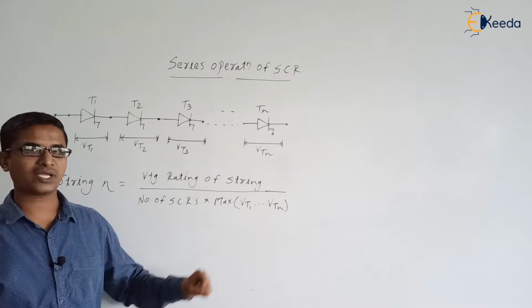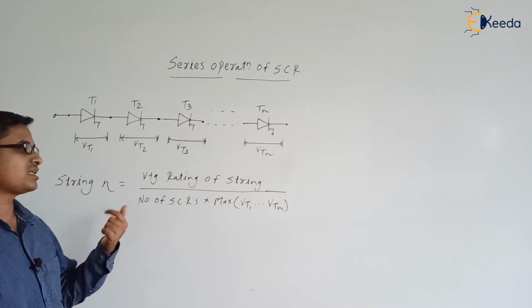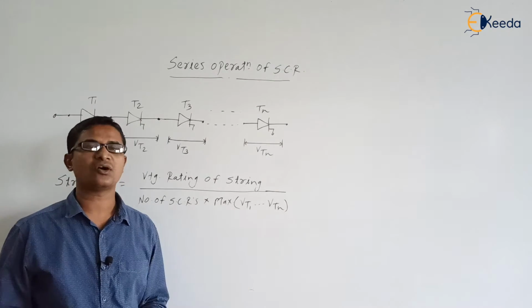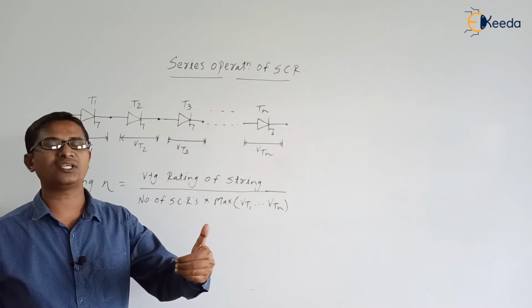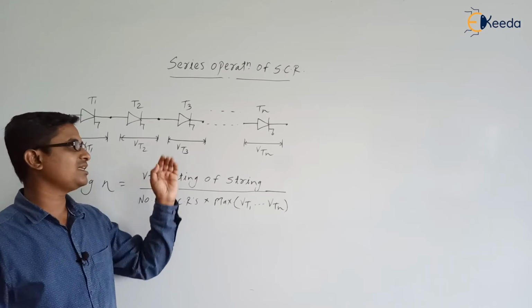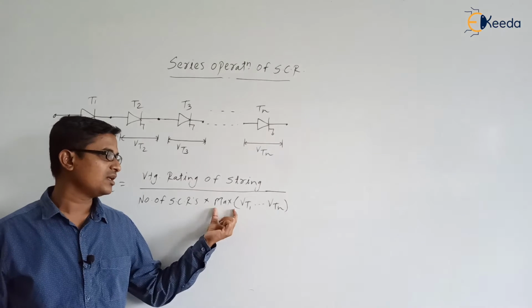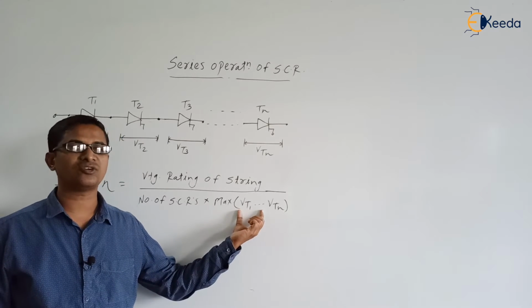We need to select which one is the maximum from Vt1 to Vtn, and accordingly we can get the string efficiency. Either it is the maximum of Vt1 to Vtn, or if they give the rated voltage of the SCR and all the SCRs have the same rated voltage, then we put the rated voltage of an SCR.